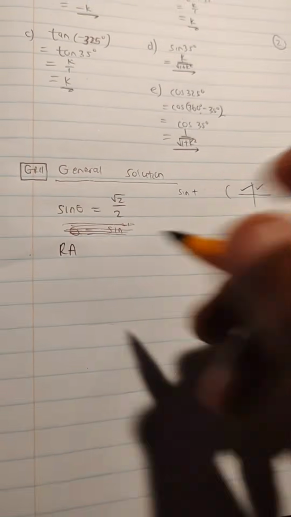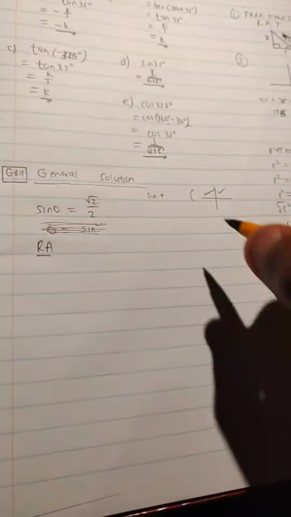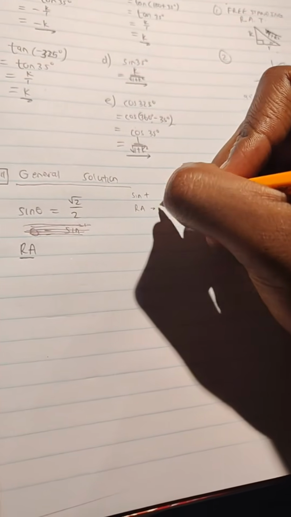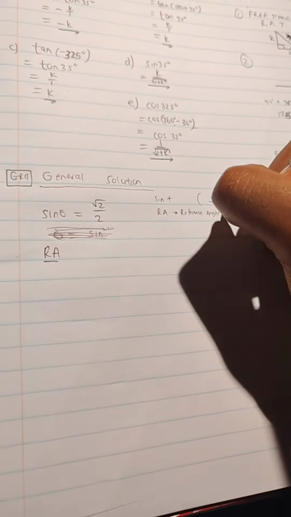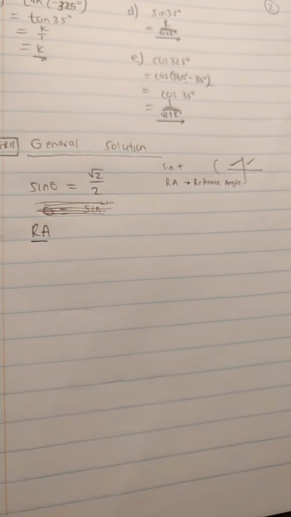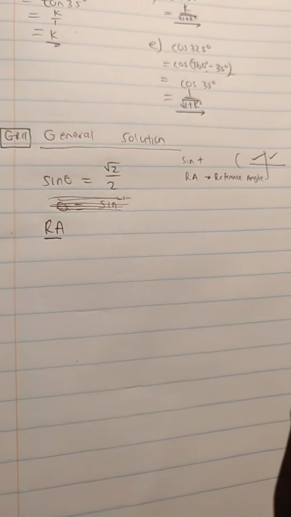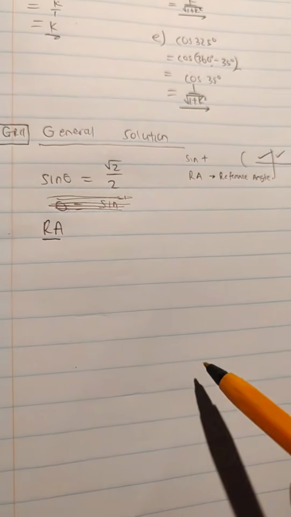Then we find something that we call the reference angle, RA. The reference angle is an acute angle that will help accommodate all of the quadrants, were we to land in a certain quadrant in another revolution of our unit circle.